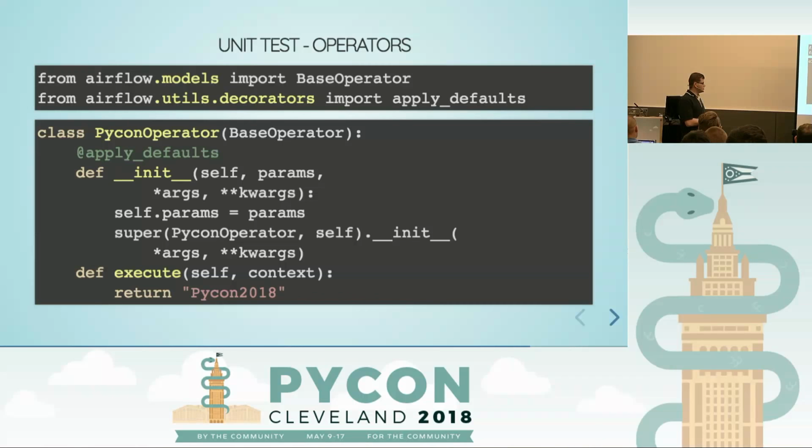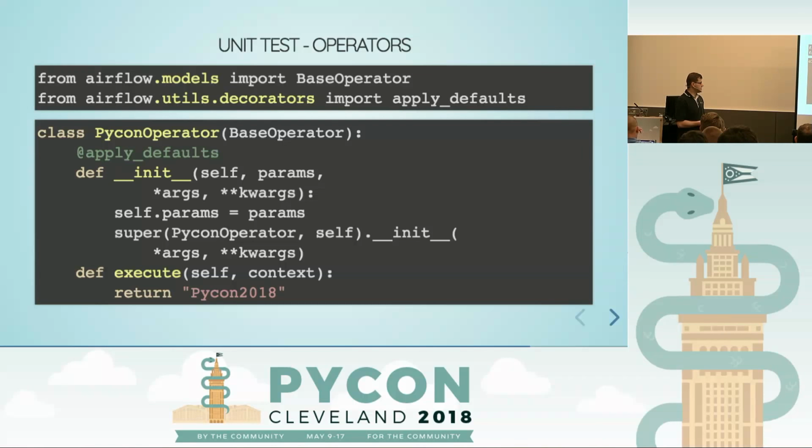There is one trick here that is important to know, is that you need to import this decorator that comes in Airflow, the apply defaults. What this does, you decorate the init method with this apply defaults, and what you need it for is this default args that we talked about throughout the tutorial. Airflow goes in and needs to pass to your task the default args from the DAG, right?